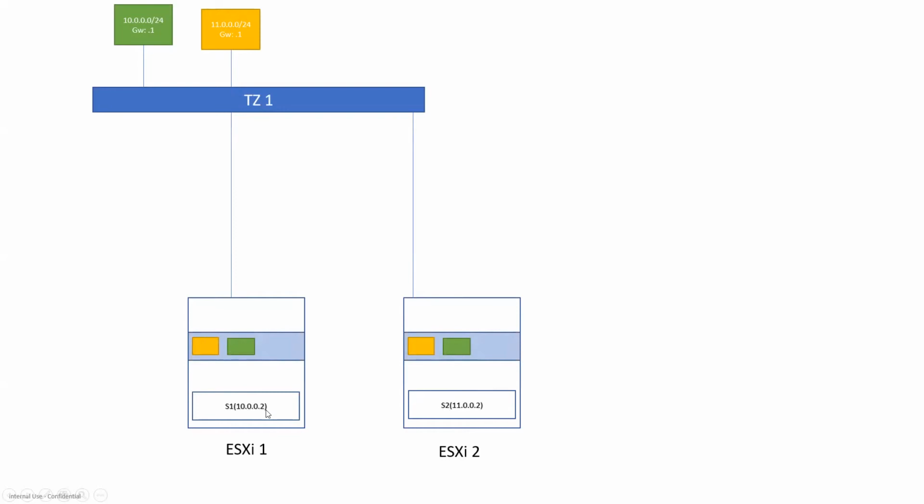For this example, it's part of ESXi 1 and ESXi 2. There will be a port group that is automatically created or pushed as part of the segments that is associated to transport zone 1, right? So you have green and orange segments and you have the corresponding port group.